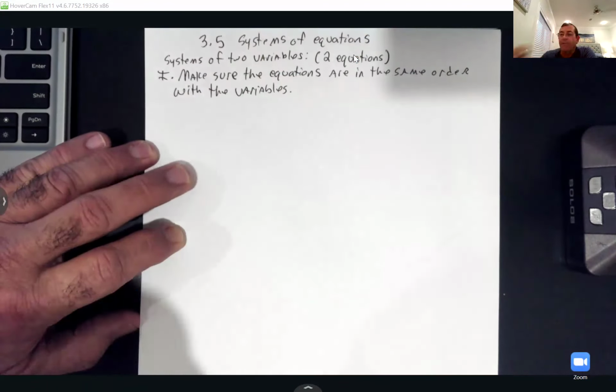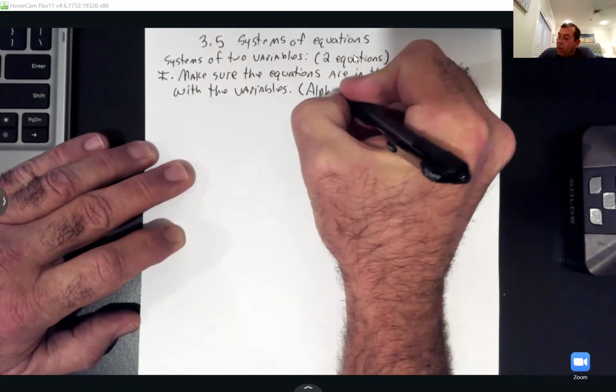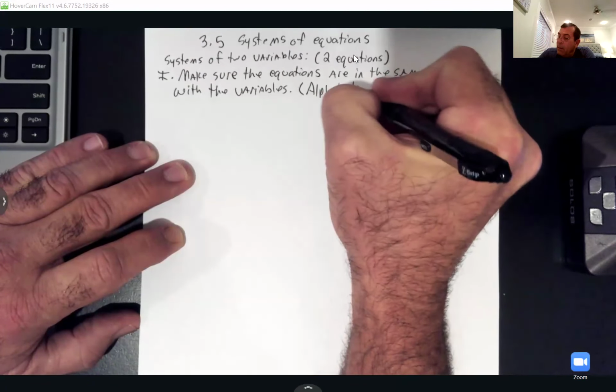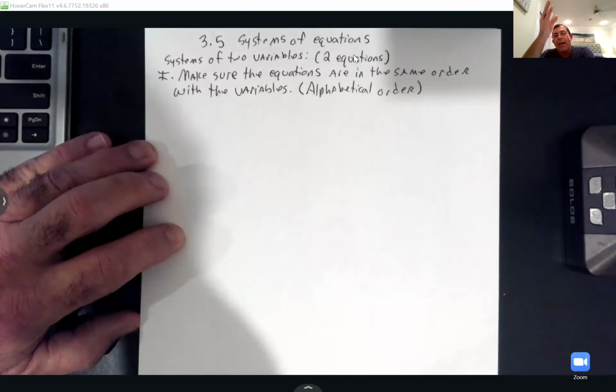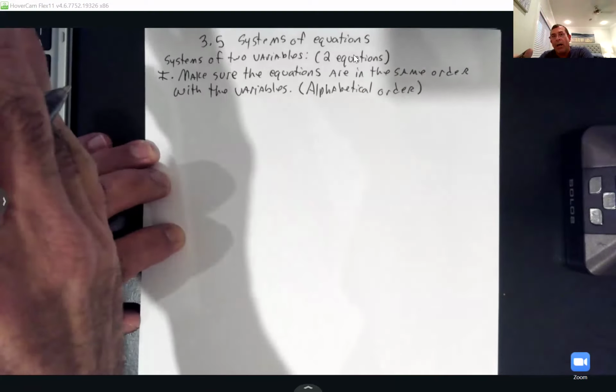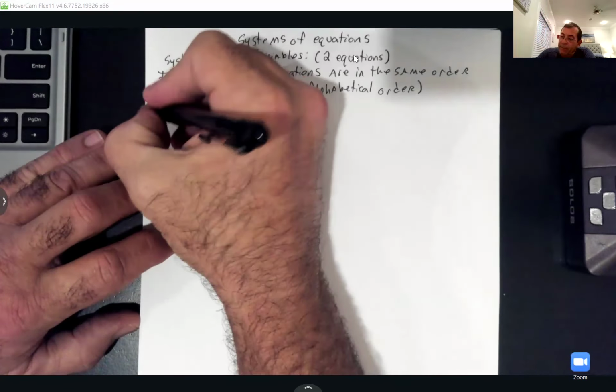And usually with the variables, I'll put the variables in alphabetical order. So I'm going to want my X's first, and then my Y's, then the equals, and then the answers.